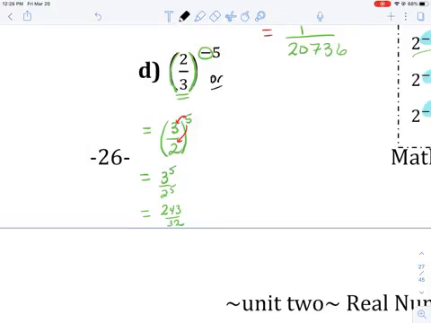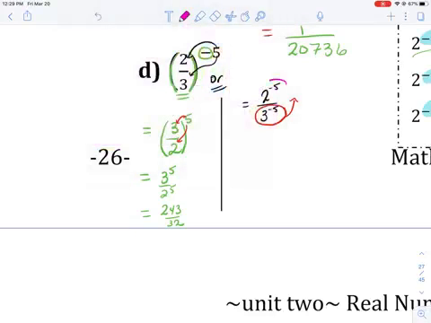So that's one way to work through this question. Another way is to expand this negative 5 right away into my brackets. So I can also think of this as 2 to the negative 5 over 3 to the negative 5. And then I'm going to say, well, that is a negative exponent on the denominator.